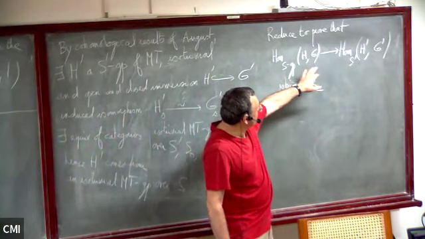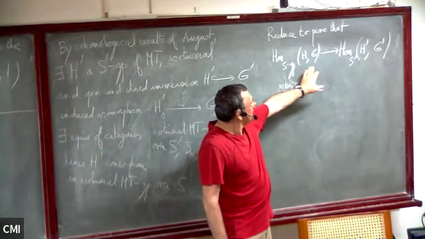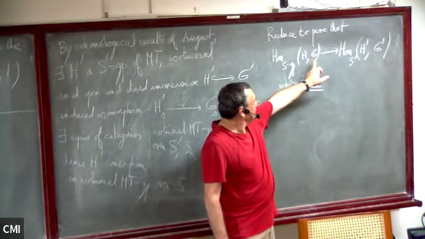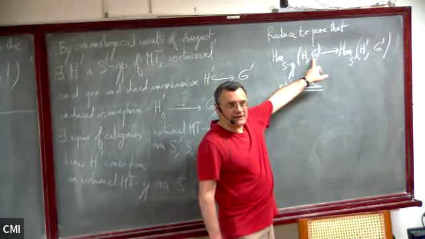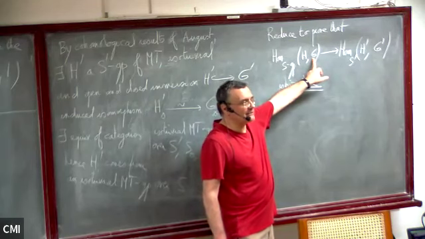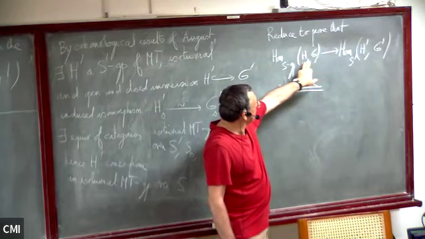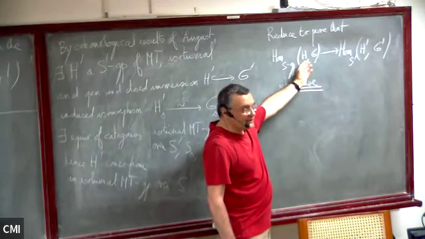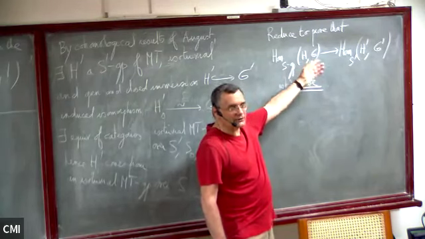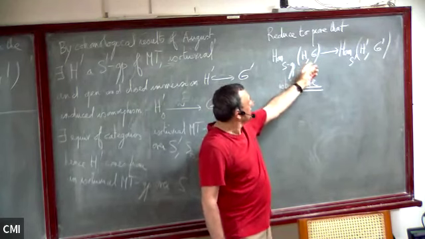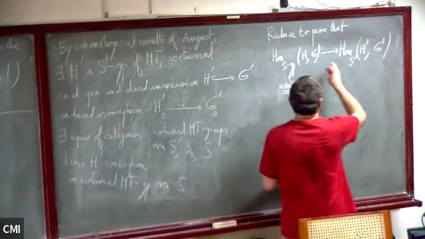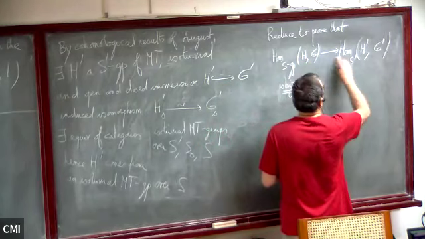So let me remind you, when G is of multiplicative type the proof is very easy and beautiful, because we just look at the n-torsion points. So this is bijective.